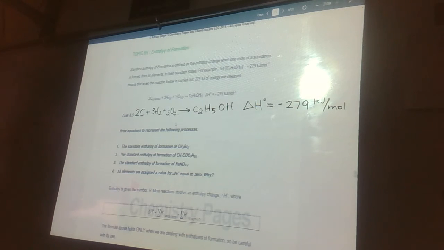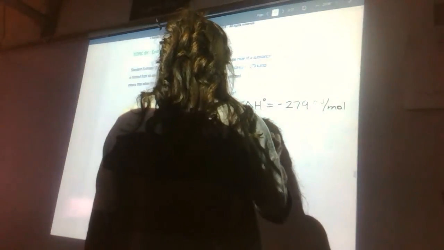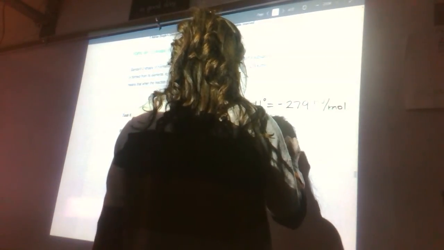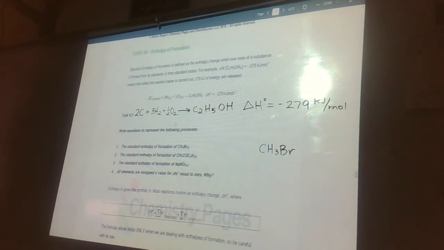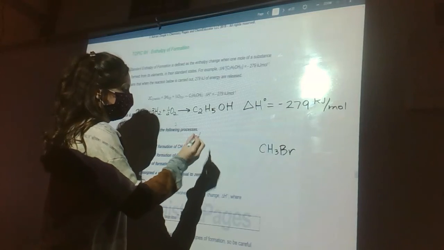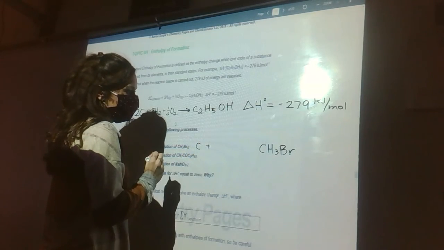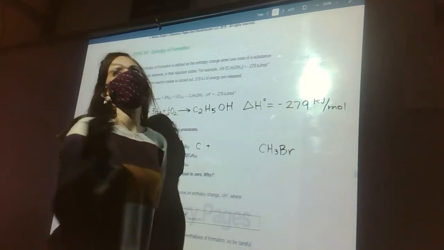All right, the standard enthalpy of formation of CH3Br. How would we write that reaction? Carbon plus H2, but I need 3 hydrogens.